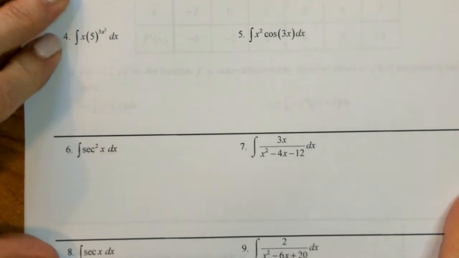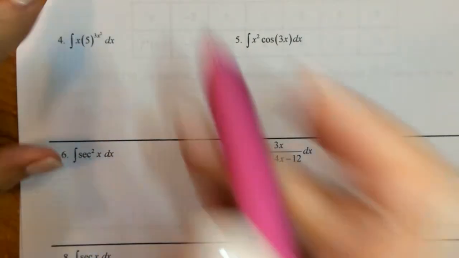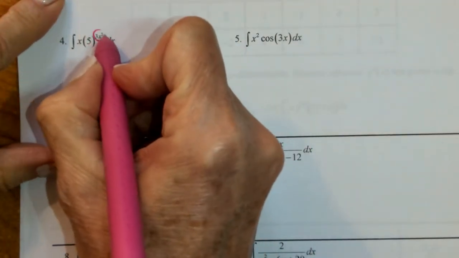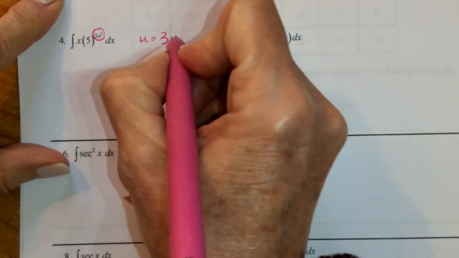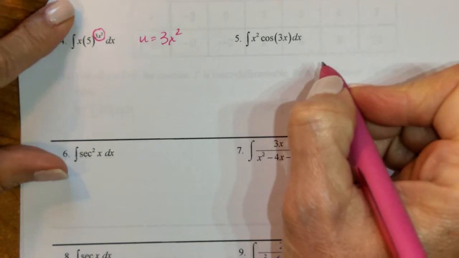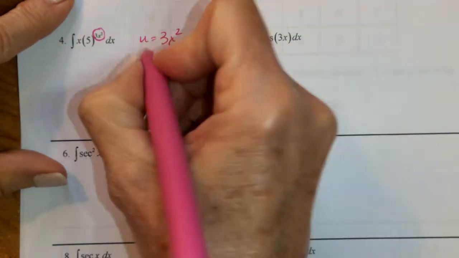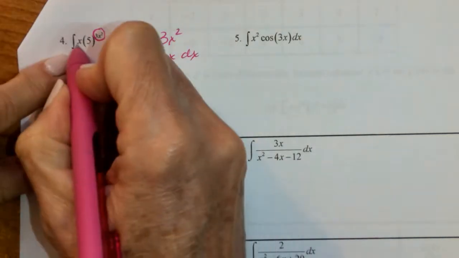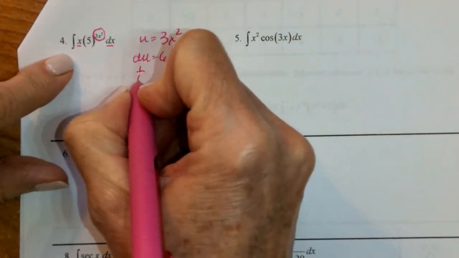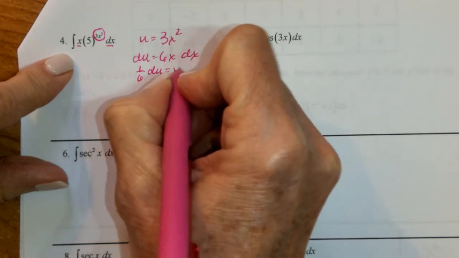Okay, number 4. Well, for this one, I see that exponent, and whenever we have a complicated exponent, let u be that exponent. du here is 6x dx. I have the x dx, so I just need to move that 6 over.